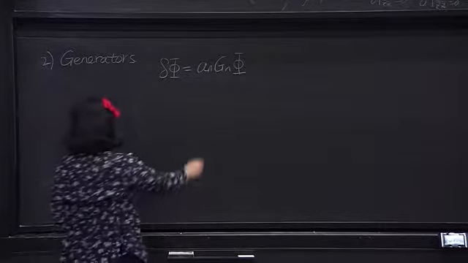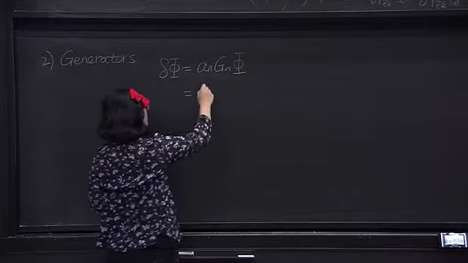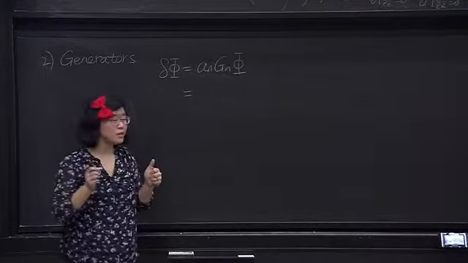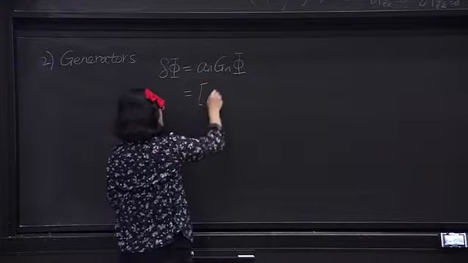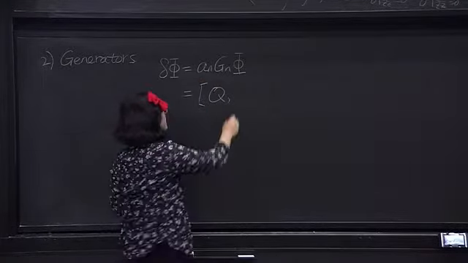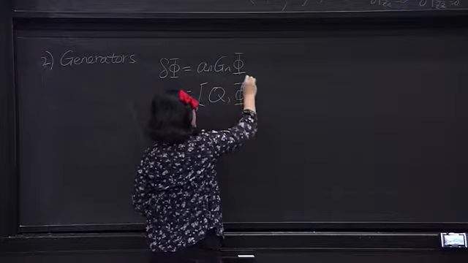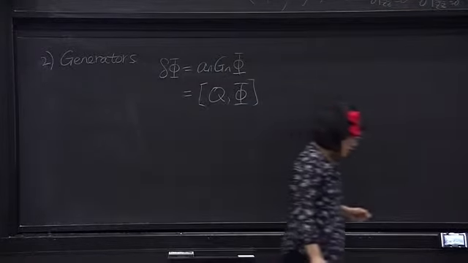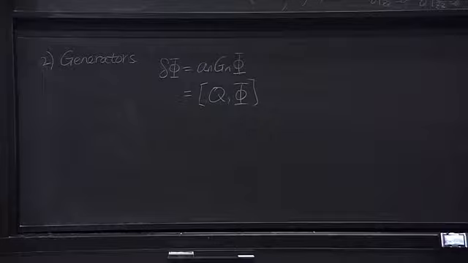David promised me that you have seen this: if we have a symmetry, delta phi can be written as a commutator of the conserved charge with phi. If you forgot this, you can check your classical mechanics notes, or the note today in the appendix that shows why this is true. But I assume you have seen this.